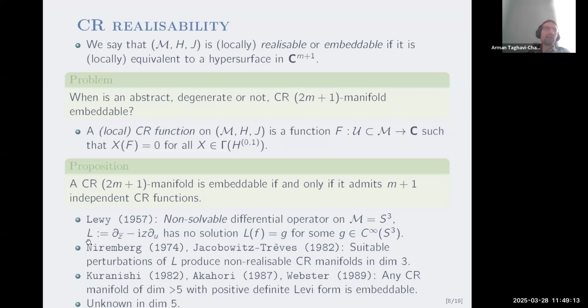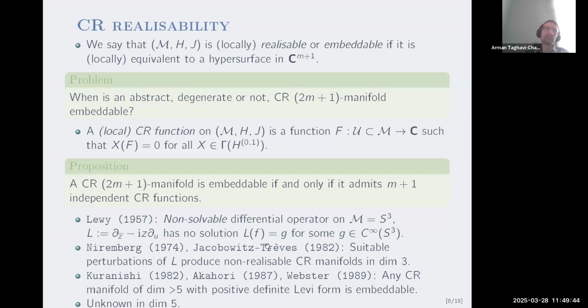So he essentially took the Lewy operator, or the Cauchy-Riemann operator, on the CR 3-sphere. And he showed that for some specifically chosen functions g on the 3-sphere, there is no solution f to this differential equation.